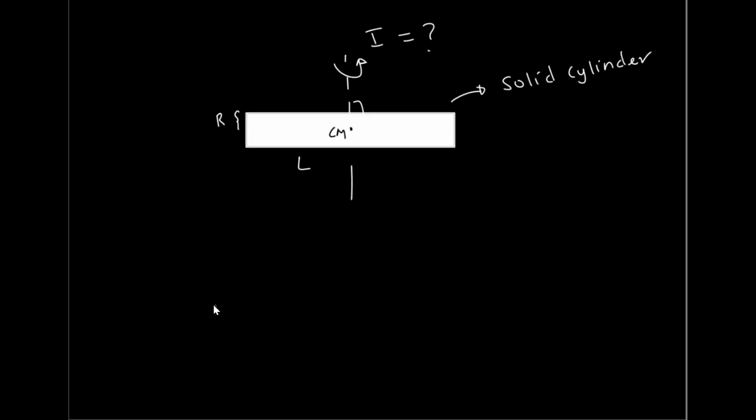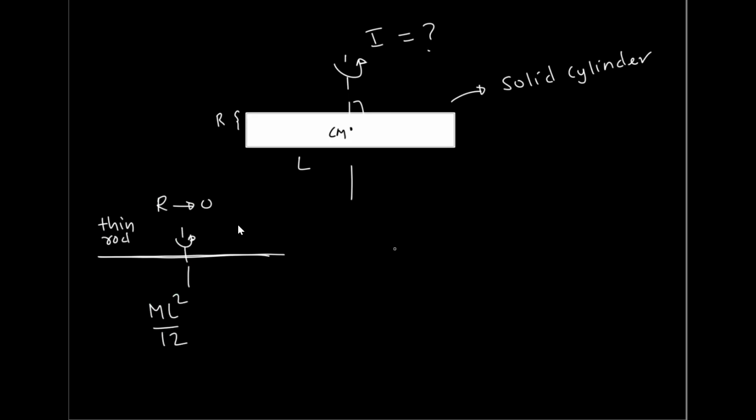To solve this problem without integration, what we can do is take a limiting case. Suppose I take the radius and make it really small, then it becomes a thin rod. Now the thin rod is getting rotated about an axis passing through its center of mass. Then what is the moment of inertia? We get ml square by 12.